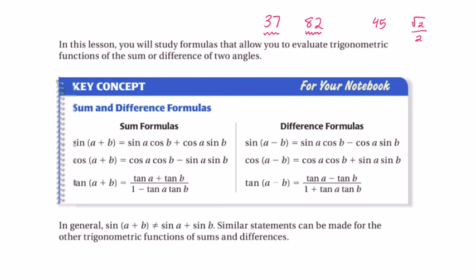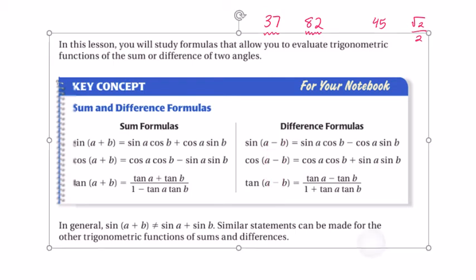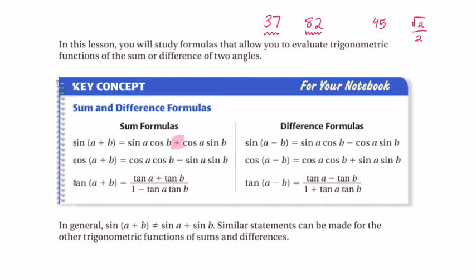If you don't know what the sine of 90 is, you could break that apart into 30 plus 60. And then differences, I'm going to be subtracting. As you might be able to figure out, with the different formulas, there are some consistencies and some inconsistencies with how they're set up. So some signs switch, but overall the format is the same, other than the signs.